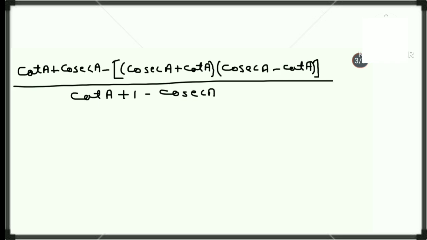Okay. Now, from here, cot A plus cosec A can be taken as common.